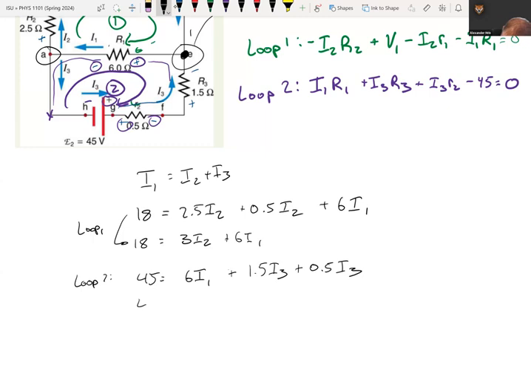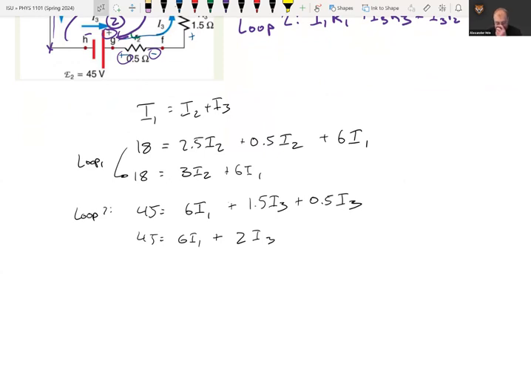So this is just 45 is equal to 6 I1 plus 2 I3. Now, what I would go ahead and do here is substitute in for I1 into both of these equations.